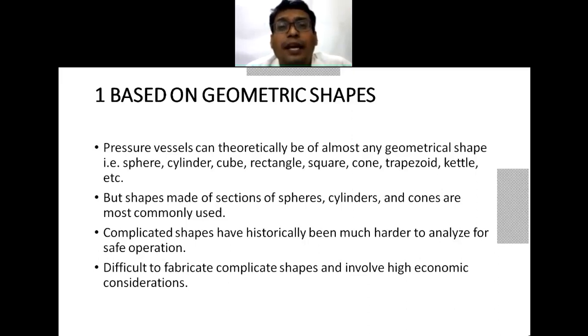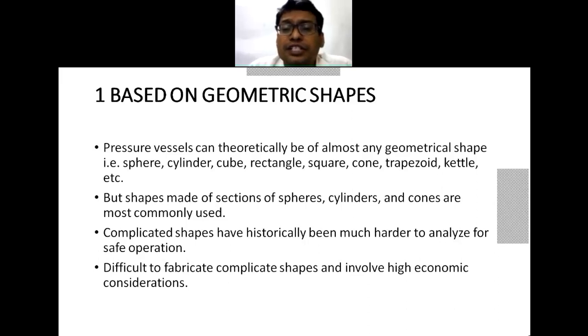If I fabricate a complicated shape, can I get a certain advantage if I invest more money in fabricating those shapes? So looking at all these parameters, the generally used shapes, that is spherical, cylindrical, square, and cone, are most commonly used. Out of that, cylindrical is the preferred one. It is very simple to fabricate, and very simple to operate and handle.